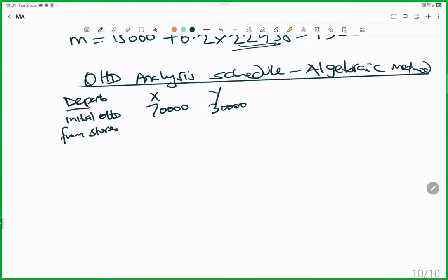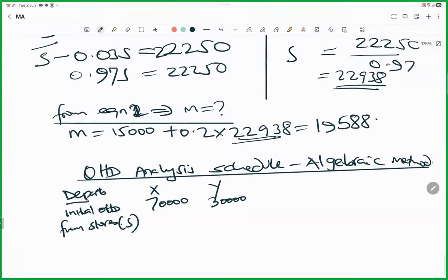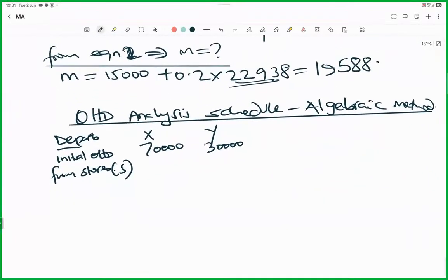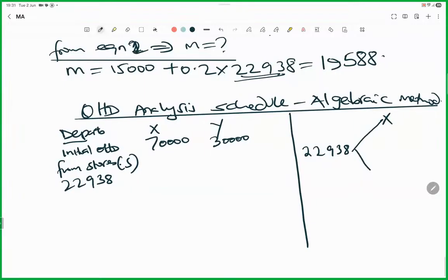So you give me from stores. From stores we had the total of S. What is the S figure? 22,938. So please apportion this to X and Y. X is what percentage? 50%.